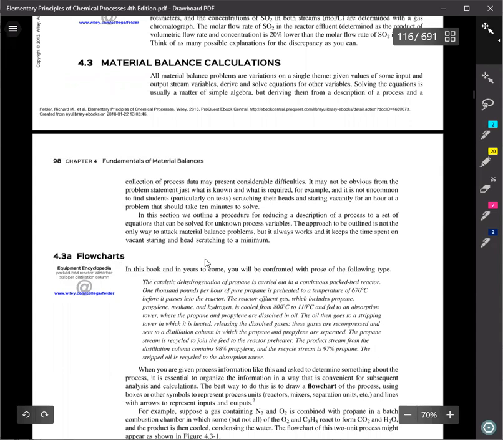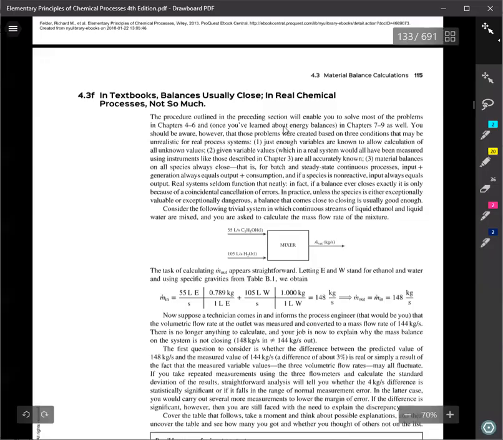This is why it's so important for me to make sure that you know how to do a material balance, because without being able to do a proper material balance, your chances of being able to do anything else in chemical engineering are small. I've skipped ahead a little bit, but I wanted to explicitly talk about this section. One of my favorite sections in this textbook is 4.3f, which talks about how, in textbooks, a balance will usually close, but in real chemical processes, not so much.